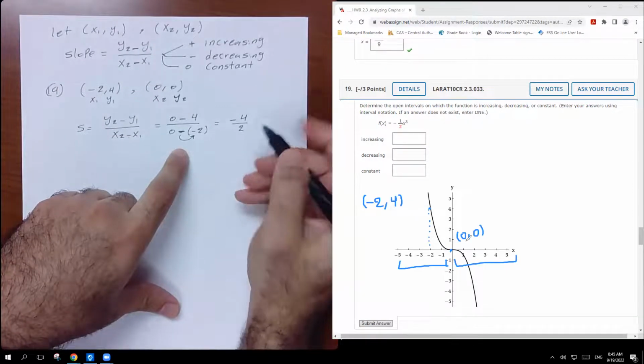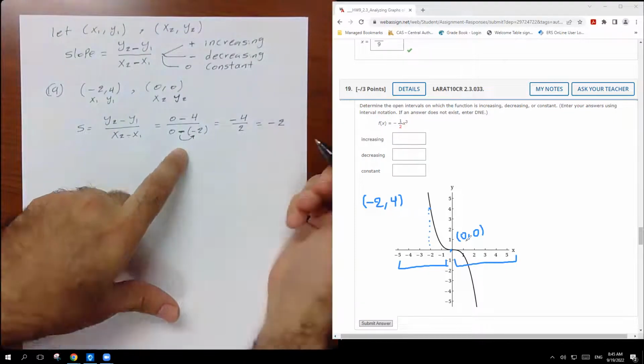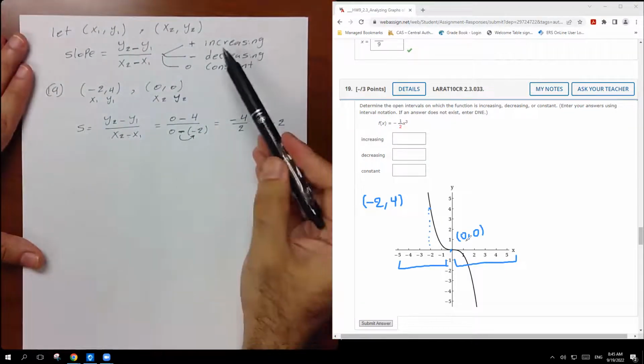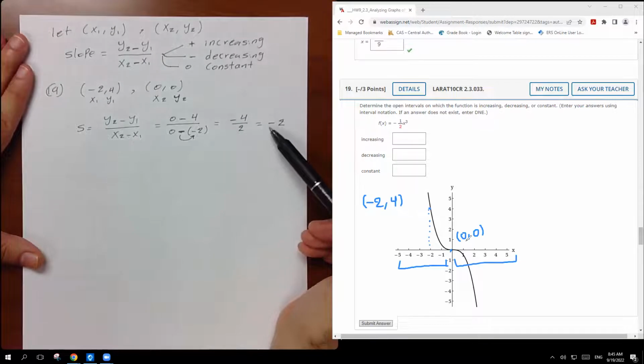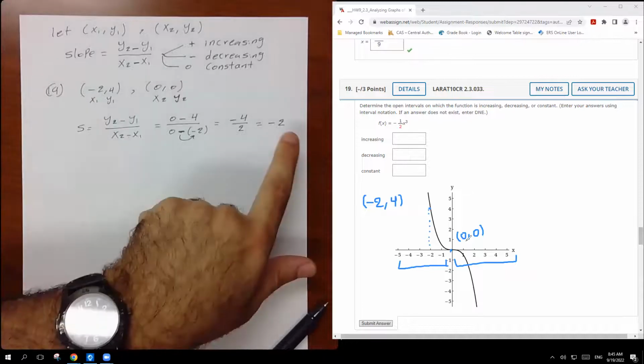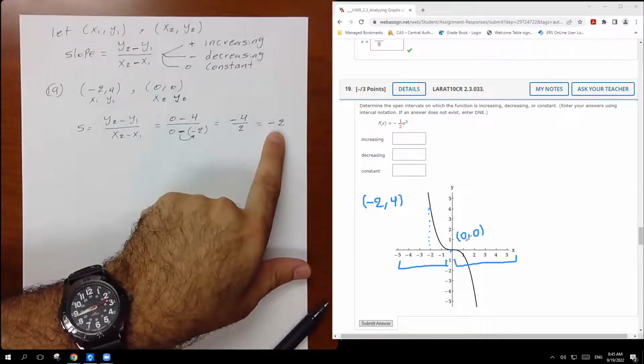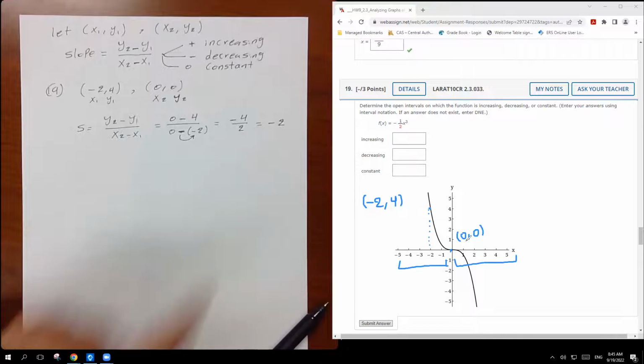Now, -4 divided by 2 is going to be -2. I told you I'm not going to care about how much the number is. The important thing is the sign. That means I have a negative slope, so it means it's decreasing. So how am I going to write down the solution? It's decreasing. I'm going to write down the solution depending on the x coordinate, as interval notation.